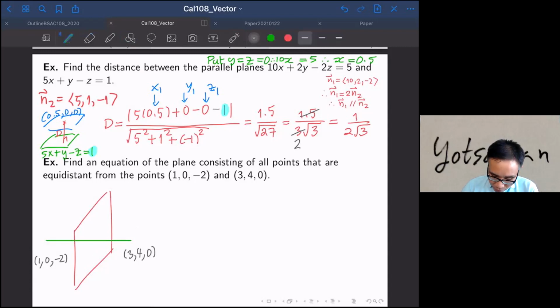You see that you're going to have the connection between these 2 points, and you have the point in the middle. This gives you equidistant, meaning that you have the same distance.